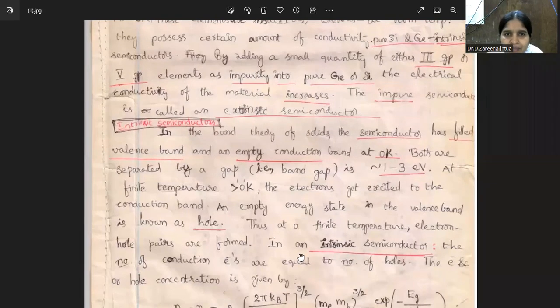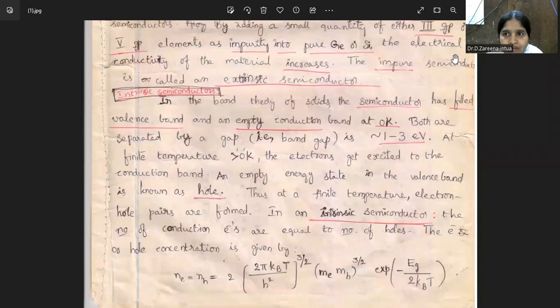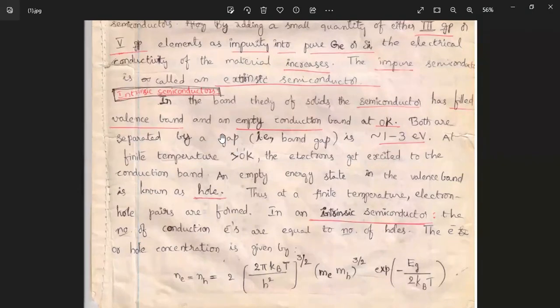Intrinsic semiconductors, in the band theory of solids: the semiconductor has a filled valency band and an empty conduction band at 0 Kelvin. In semiconductors, we have the valency band and above it the conduction band. At 0 Kelvin, it has a filled valency band and an empty conduction band.